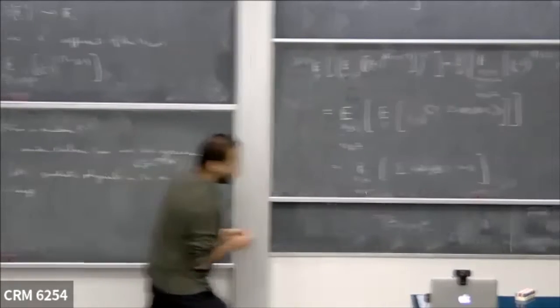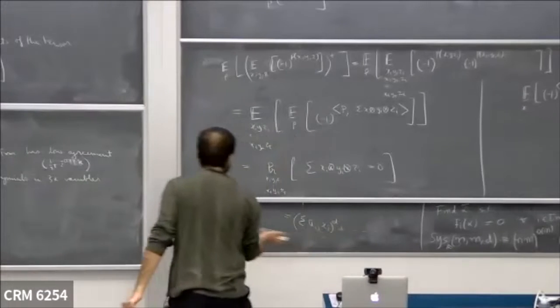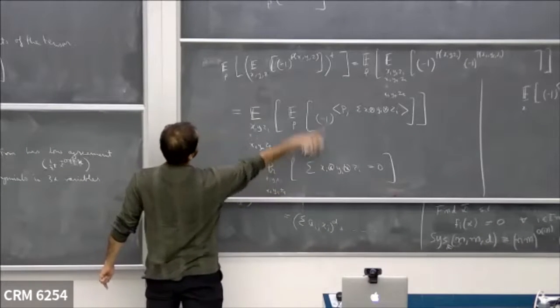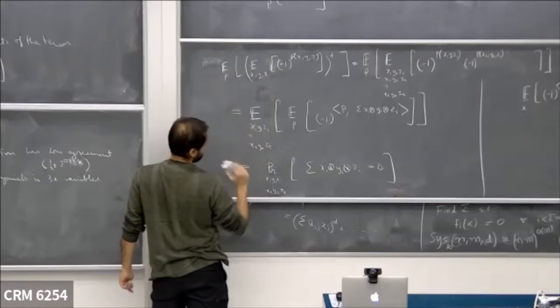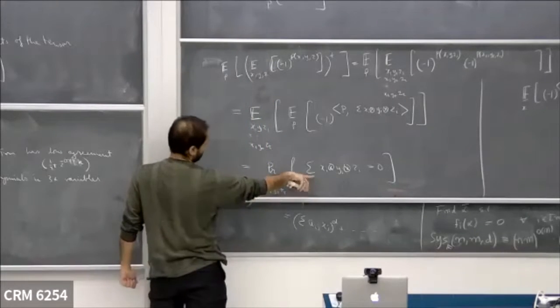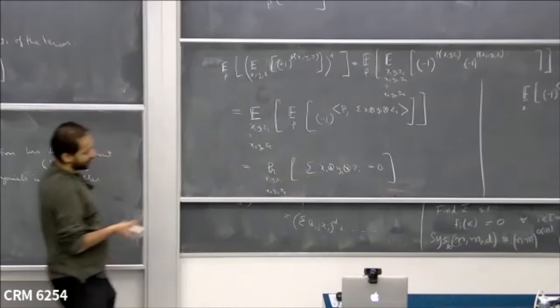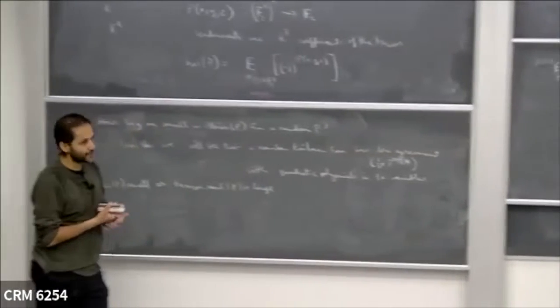Let me tell you what the theorem statement is for this, just for the bias. Then I will start playing with this, and we'll see some more interesting statements. Questions?